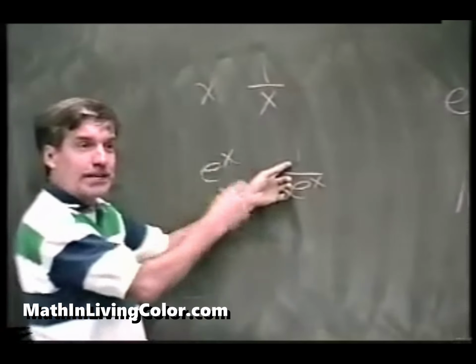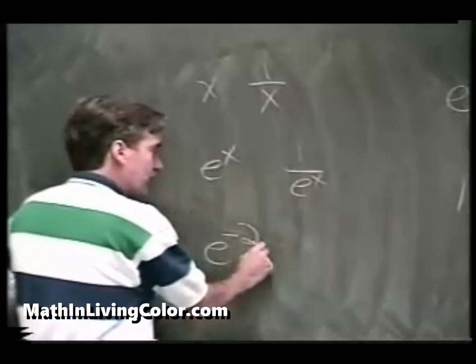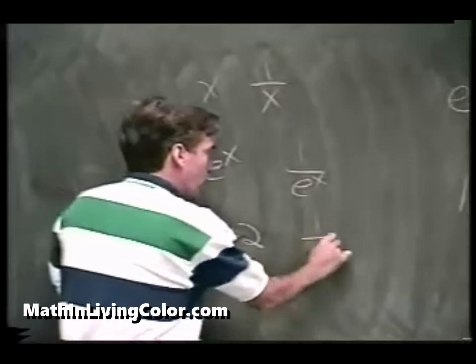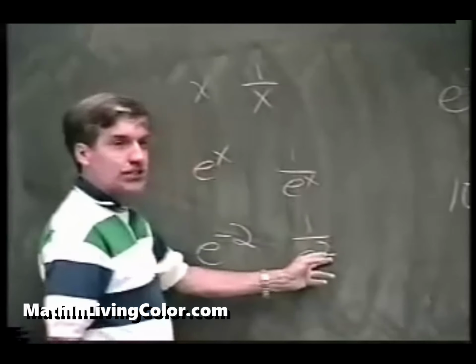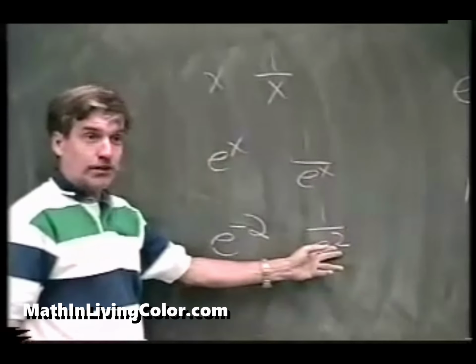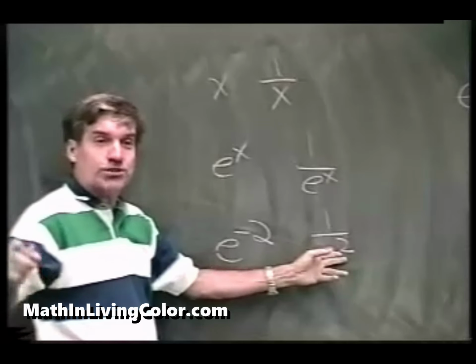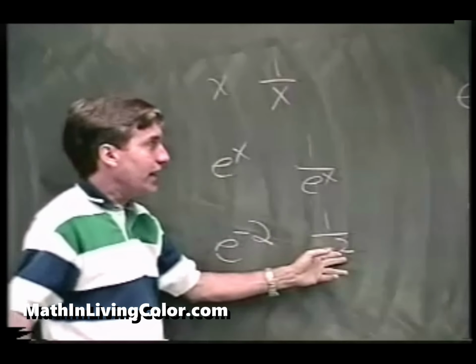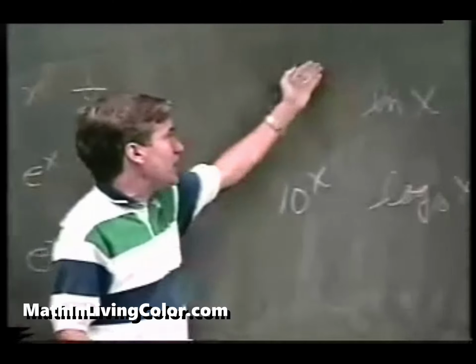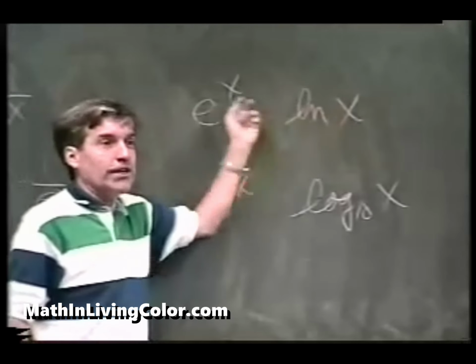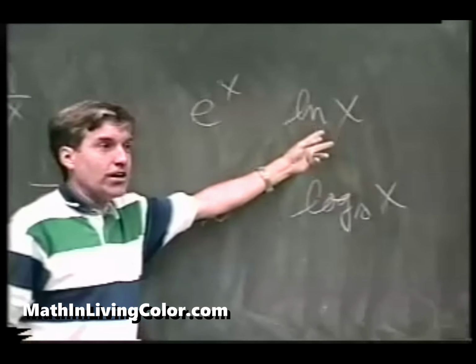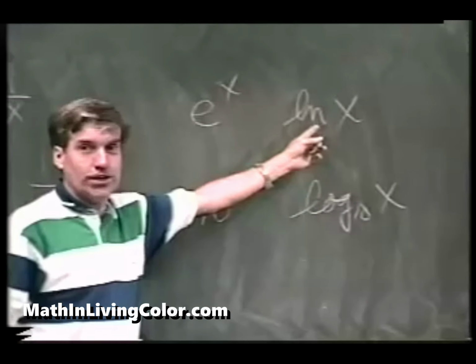If I talked about e to the negative 2, that was 1 over e to the second. This is the reciprocal function, and that's the reciprocal function that I was talking about on the calculator. I in no way meant that e to the x and ln of x are reciprocal functions. They are inverse functions of one another.